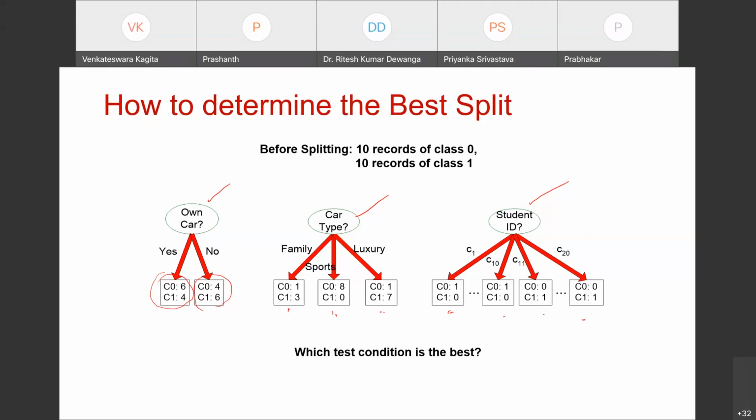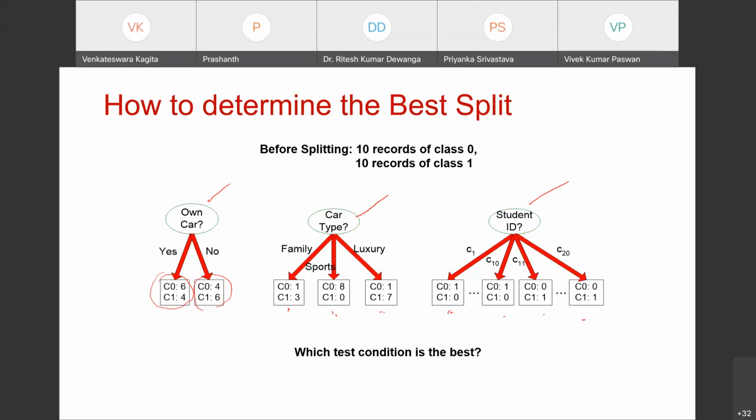First one, sir. Oh, you're saying worst or best? Worst. Worst is the first one, you're saying. Okay. Somebody said the worst is student ID. Okay, can you please explain why you think that is the worst condition?